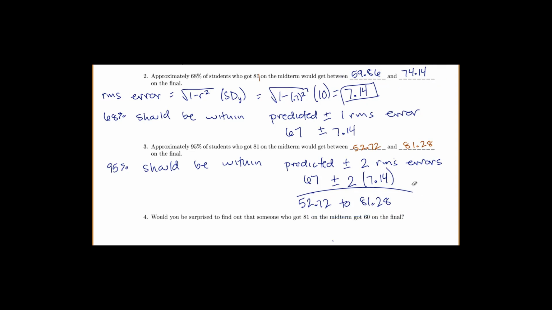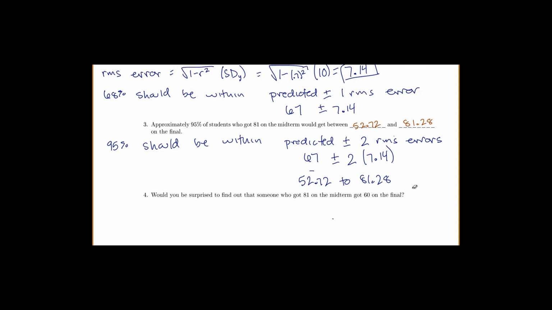But as far as whether or not we'd be surprised, like 95% of our students should be inside this interval. So if 60 is inside that interval, that doesn't seem very surprising to me.